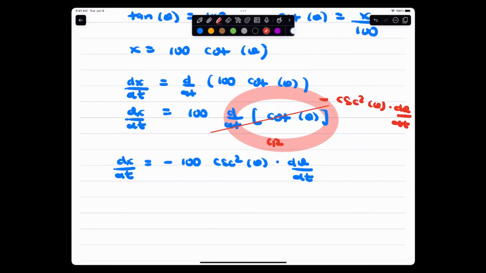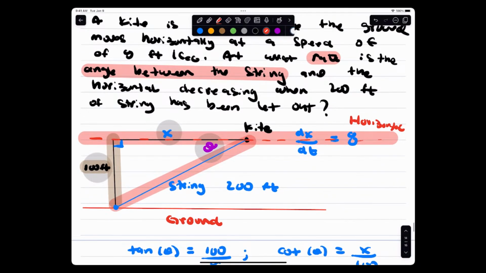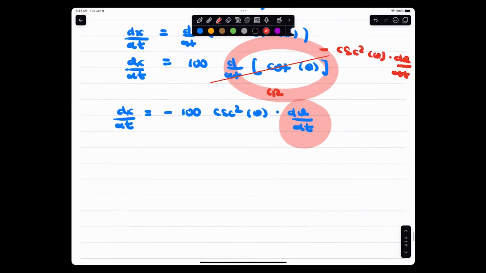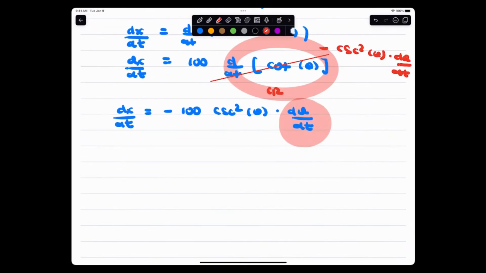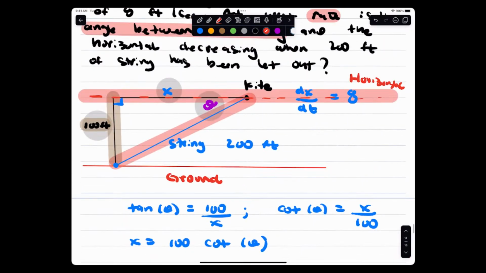This is the variable that they're looking for. Is that the variable? Let's read it. At what rate is the angle of the string and the horizontal decreasing? Yes, the rate of the angle. So they're finding d theta/dt. And dx/dt, what was dx/dt? Isn't that 8? Yes, so they told us this.